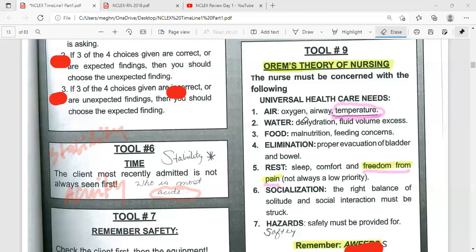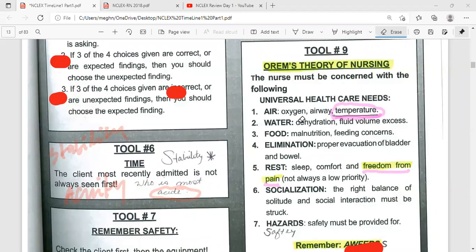For example, a patient with COPD or an acute exacerbation of chronic bronchial asthma needs oxygen, right? It is the need. A dehydrated person needs water for rehydration, while excess water can cause fluid volume overload.